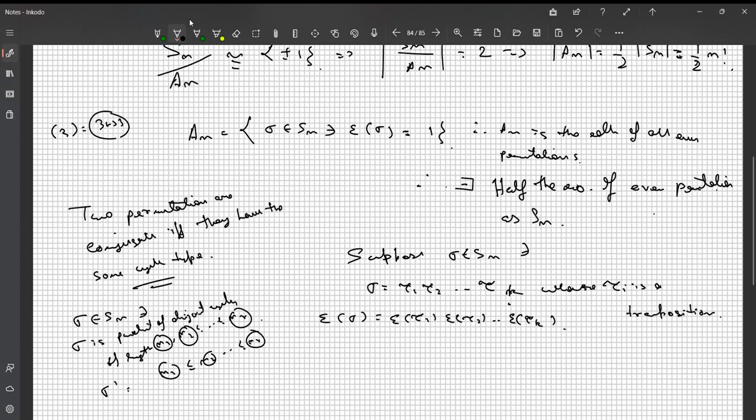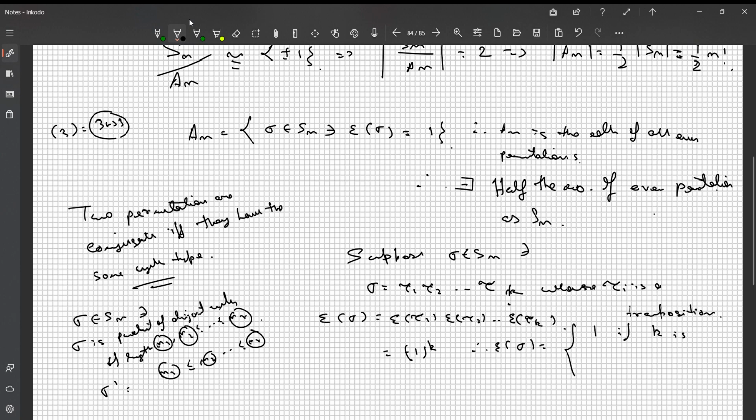So sigma is written as tau 1, tau 2 till tau k, where tau i is a transposition. Then what is epsilon of sigma? Since it's a homomorphism, it's epsilon of tau 1, epsilon of tau 2, so on till epsilon of tau k. So this is obviously minus 1 to the power k, right? Because each transposition gives you a sign of minus 1.